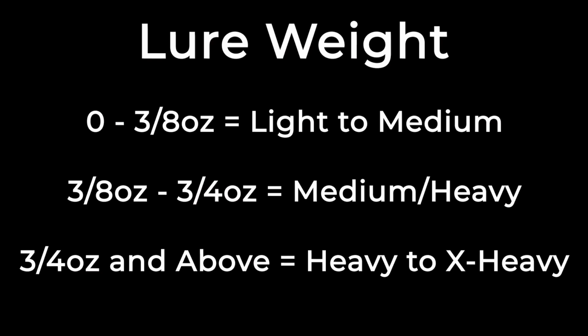Anything over 3/4 is when I'm going to get into the heavy power or extra heavy power rods. Anything lighter than 3/8 of an ounce is when I'm going to use a medium or medium light or even a light power rod. That is definitely not an absolute, but it is something that I use a lot in my bass fishing.